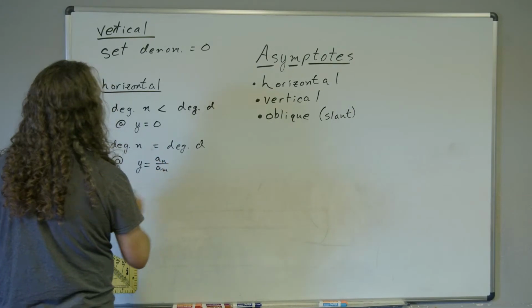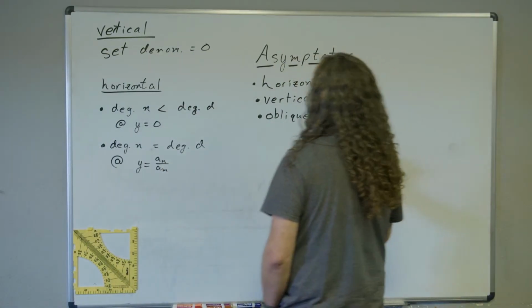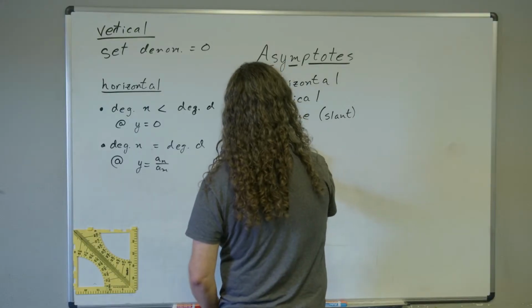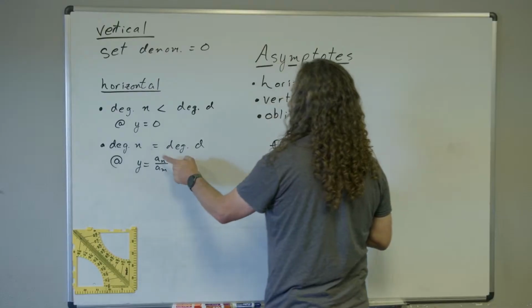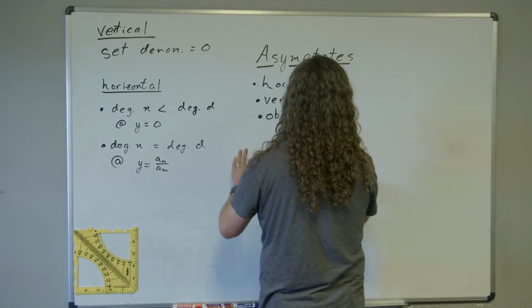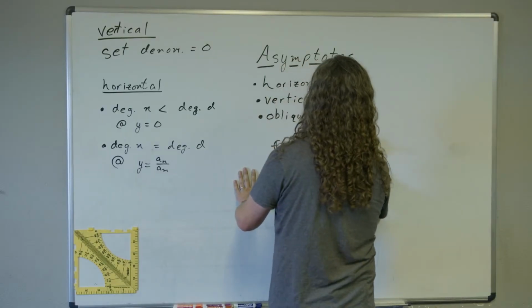I was going to avoid writing this whole thing, but I don't think I can get away with it on this one. We saw this idea in the last chapter. a sub n is the leading coefficient.